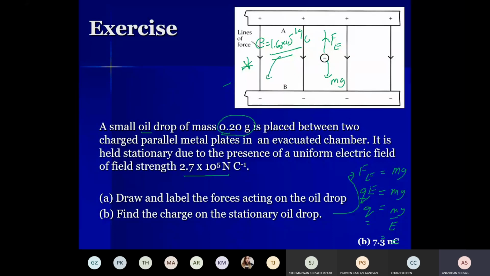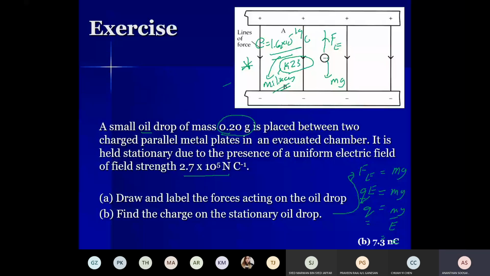Which scientist found the charge of the electron? Millikan. Millikan found the charge of the electron in 1923, if I'm not mistaken. Because he succeeded, he got a Nobel Prize in 1923. He used an electric field between parallel plates, making an oil droplet stationary.